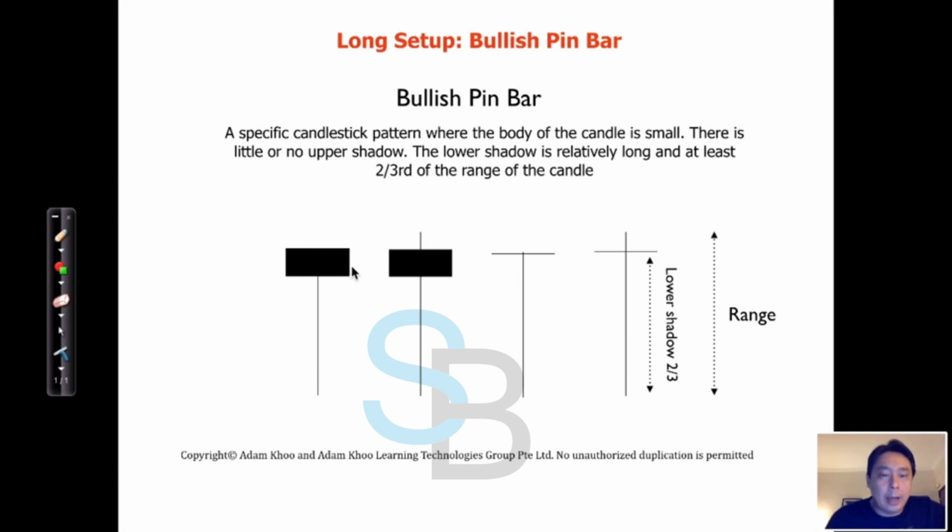Well, this means that the price opened somewhere here or somewhere here, and bears attempted to bring the price down, but that downward move got rejected off a certain support level. So bulls pushed it up, and it closed more or less where it started. That's a very bullish signal that bears got rejected off a support level, and we often want to go long when that happens.